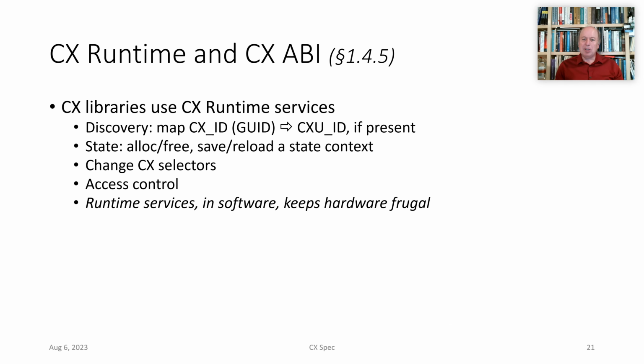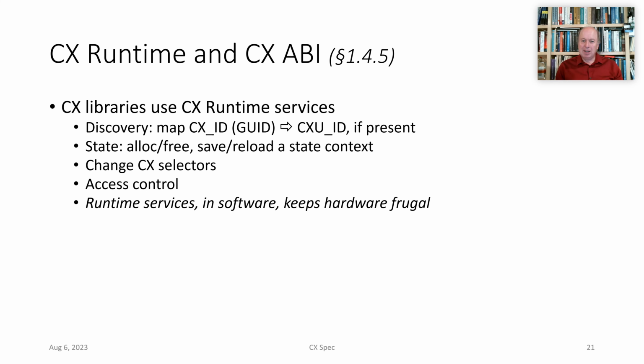This extension multiplexing mechanism is necessary but insufficient to implement composable extensions and their libraries. So the CX runtime library is a set of common services provided to all the CX libraries. Services include extension discovery, which maps a composable extension GUID to a system configuration specific CXU ID index.